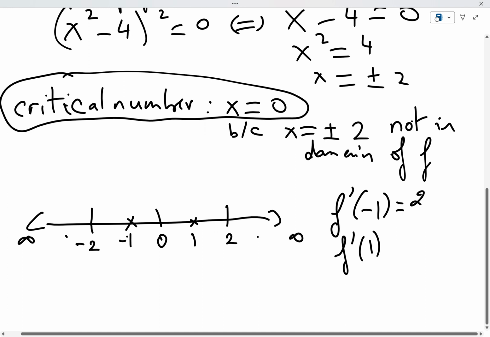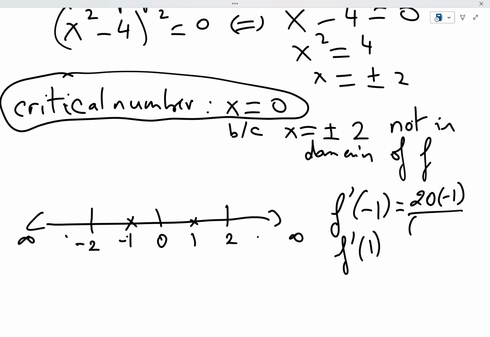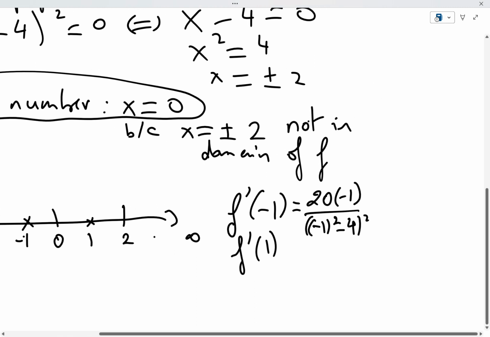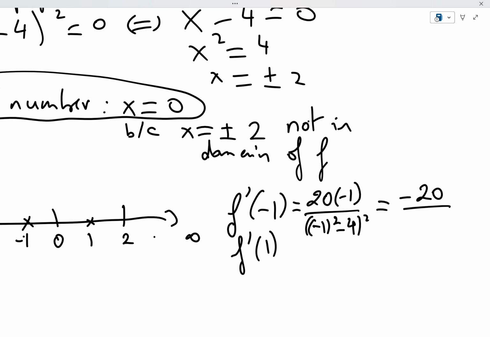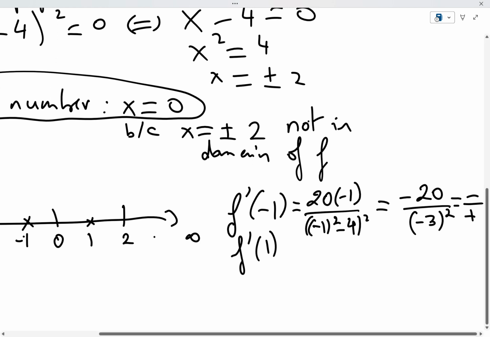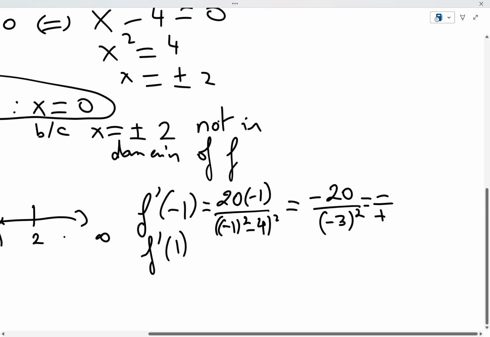So I'm going to plug -1 into the derivative. This is minus 20, and then -1 squared is 1, minus 4 is -3, but squared is positive. So here you have a negative number over a positive. Again, I don't care about the value. I just want to know, do we have a positive or negative slope? This is a negative slope.